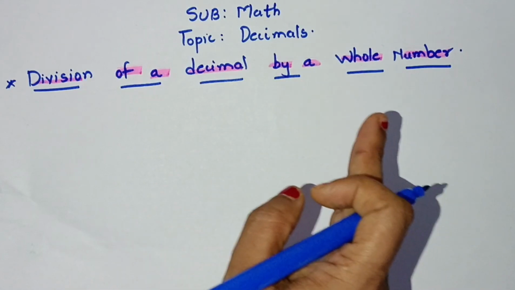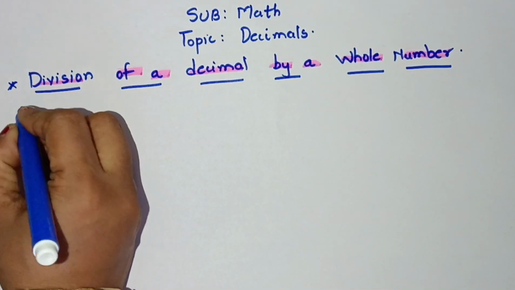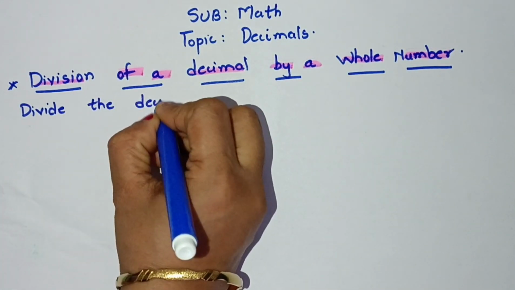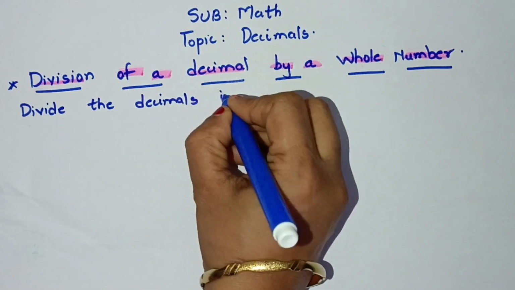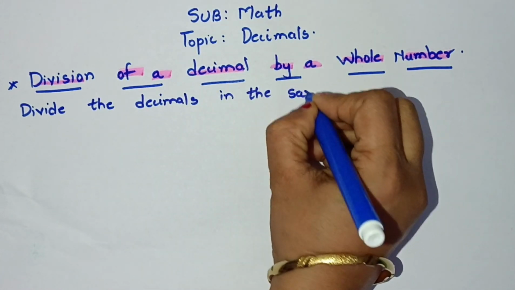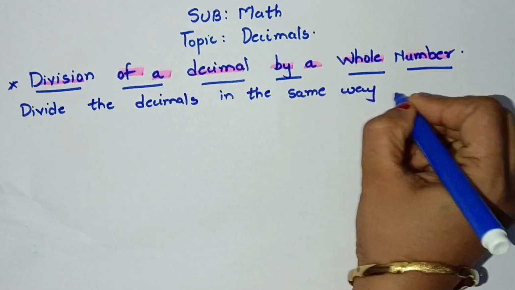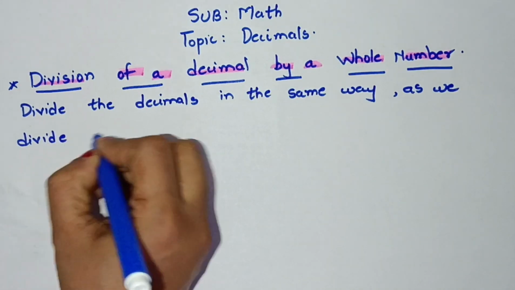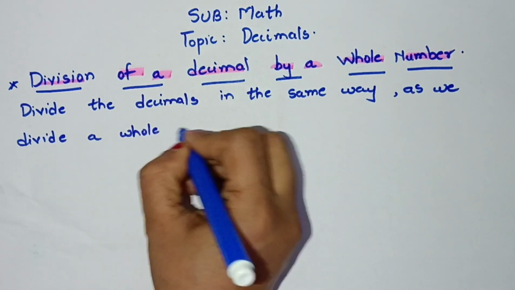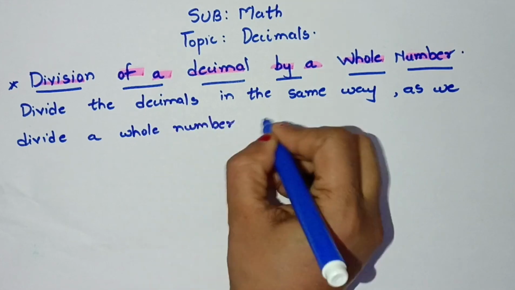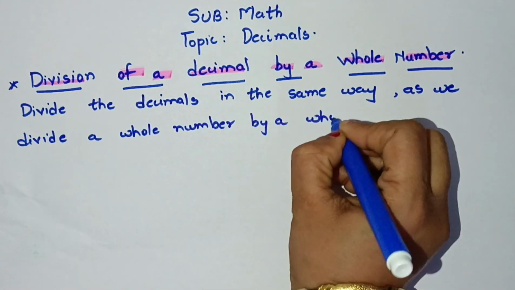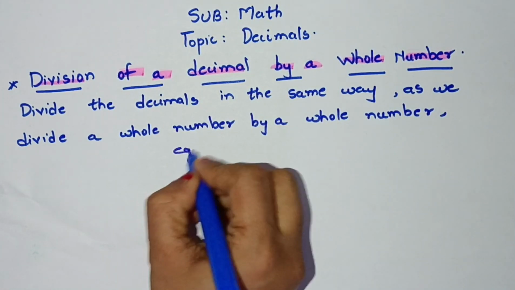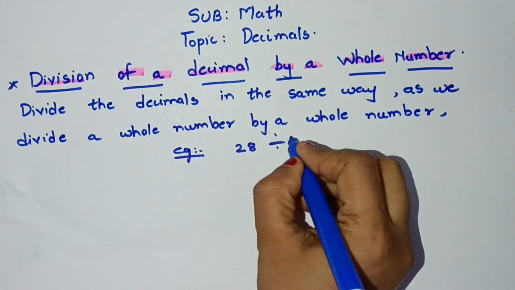Divide the decimals in the same way as we divide a whole number by a whole number. For example, 28 divided by 7.